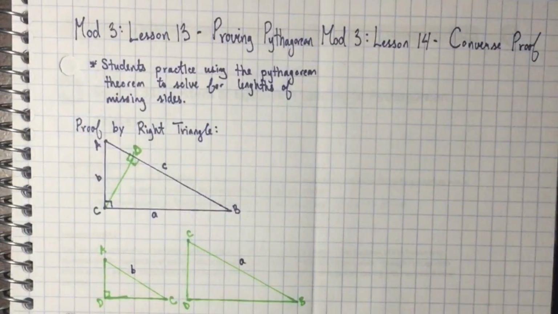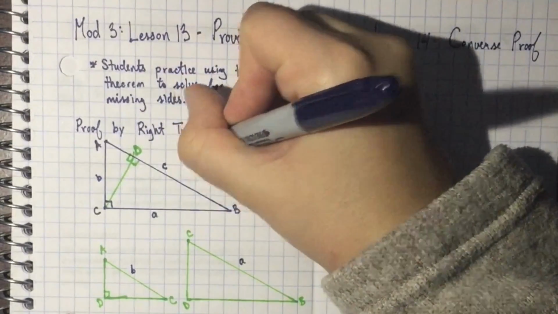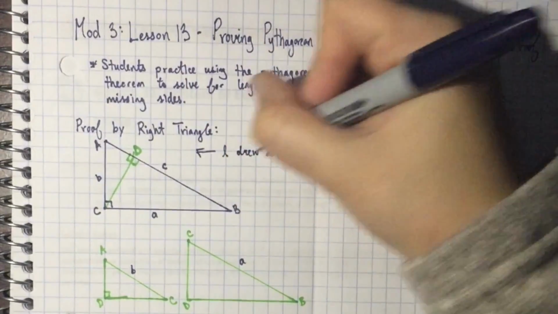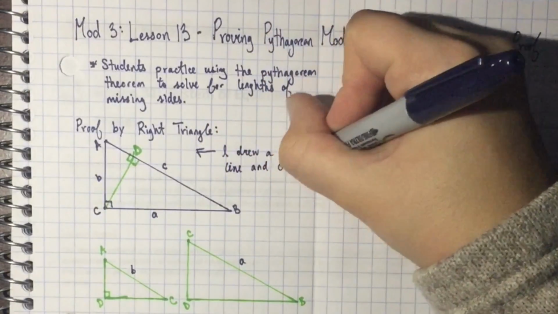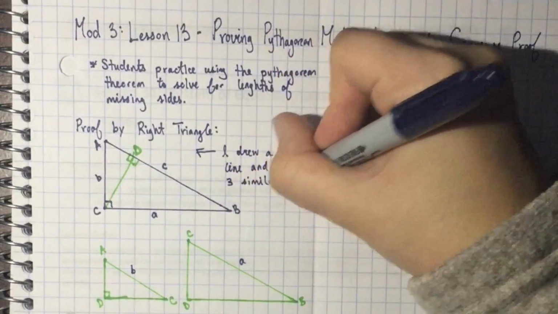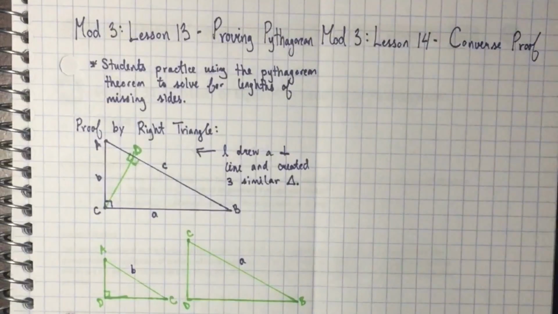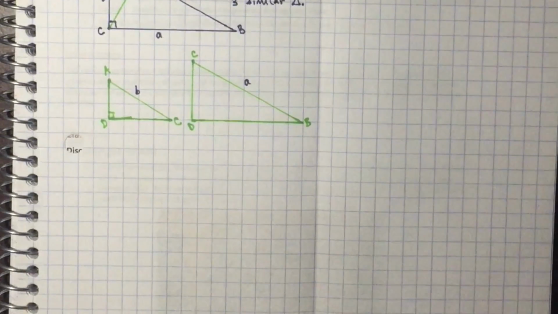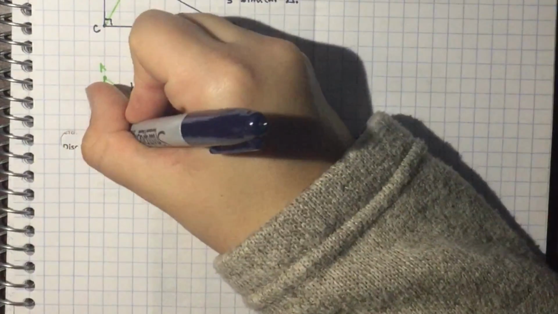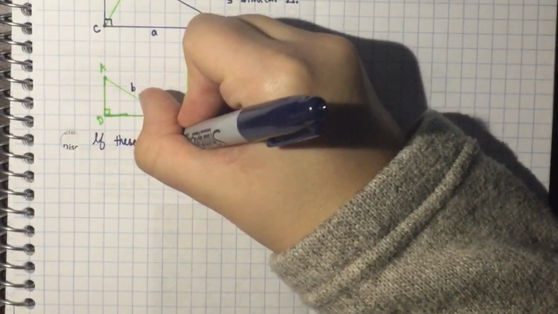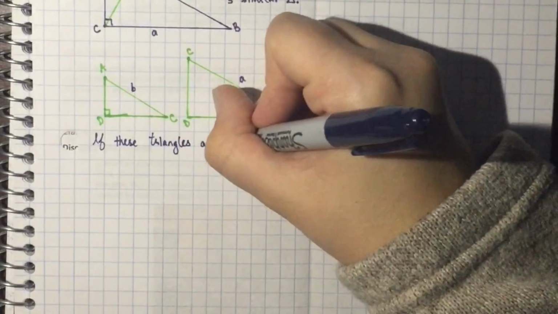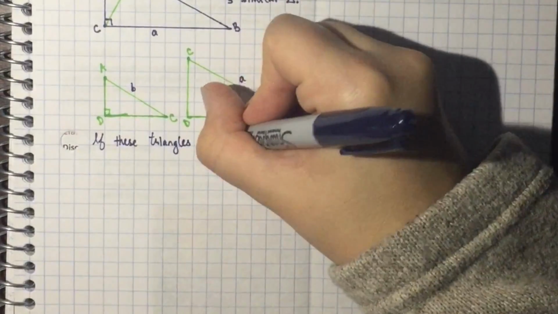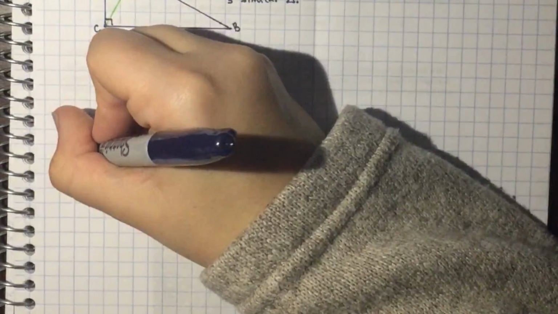So I have three right triangles. One is the original triangle that I started with, ABC. The second is the smallest triangle, ACD. And the third is that medium triangle, CBD. Now, because I know that these triangles are similar, I'm going to be able to make some comparisons based on the ratios of the sides.